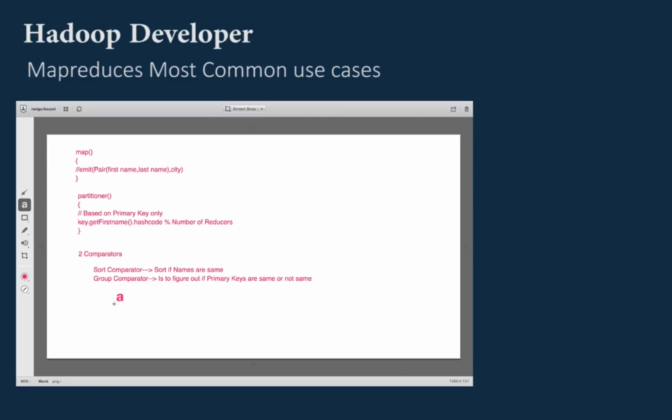So in our case, John McCain should come after John Ashley, which is taken care of by the sort comparator.